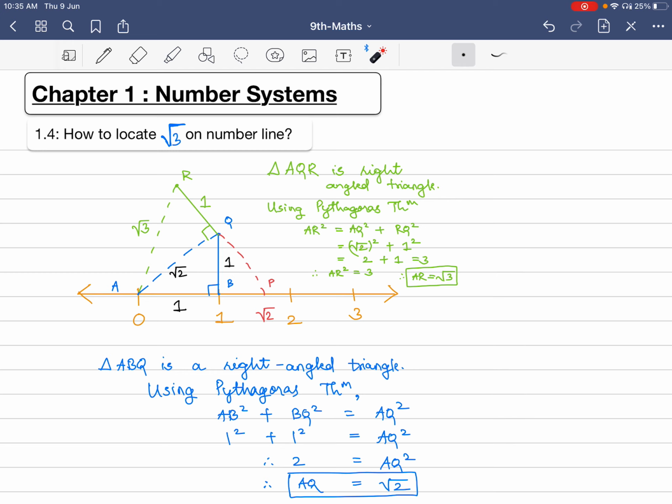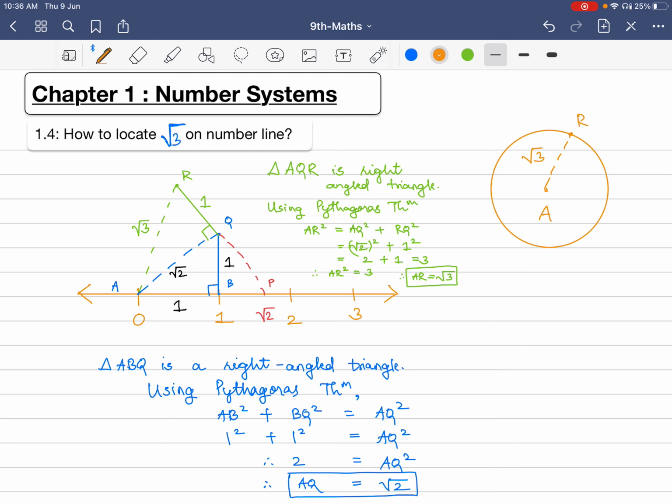So just for a quick understanding, let me draw a circle here. Imagine this circle, and this is your center A. Imagine this as your point R, and let's assume this is of value root 3.